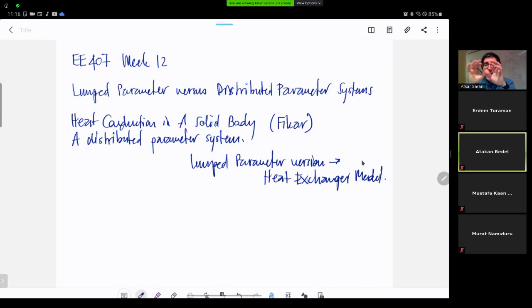Okay, so every equation that we have written was basically between components. So we defined the components of the system, and between each component we defined how heat was actually being transferred, and from that we obtained a heat exchanger model.